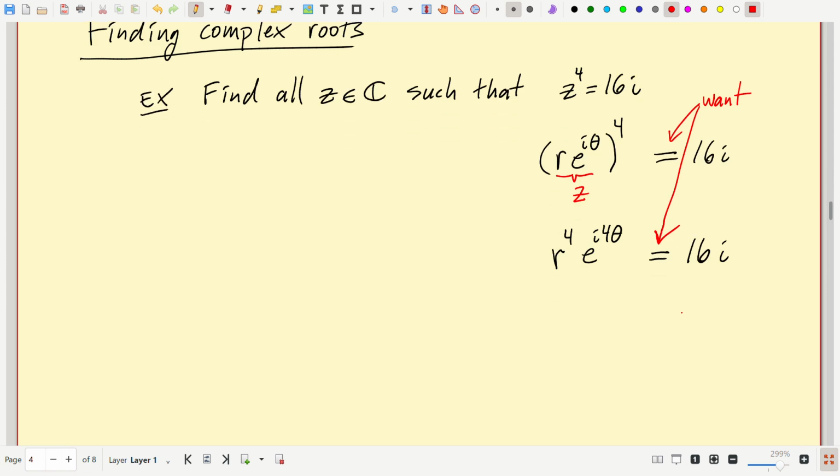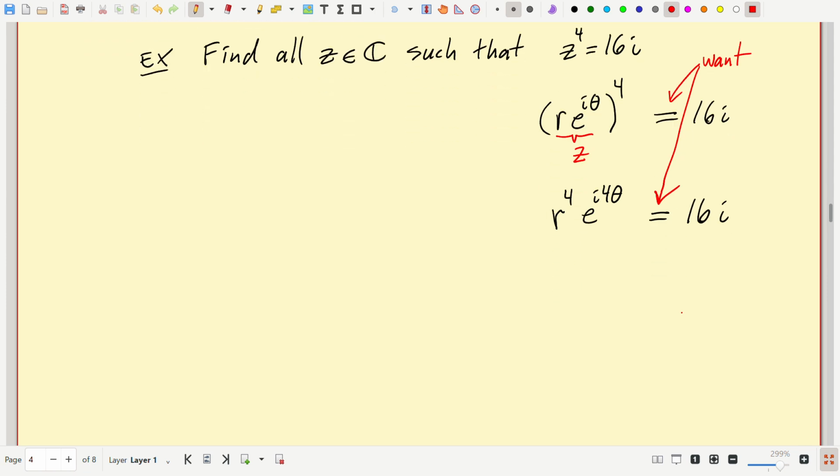Okay, think about that. This is the polar form of a complex number on the left, and 16i is a complex number. It's convenient to write it also in polar form. So here's the complex plane. Here's 16i right here. So the radius of 16i is 16.